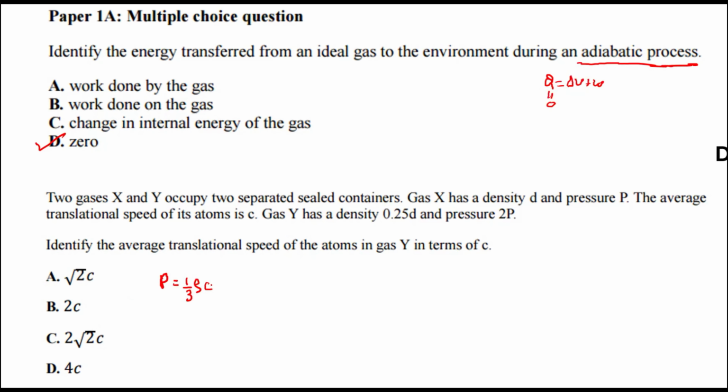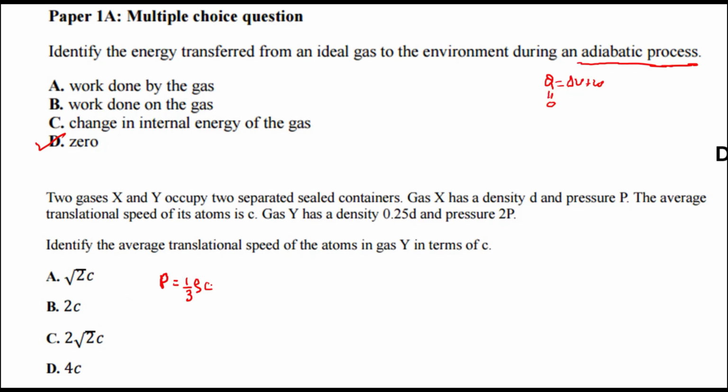The pressure of the gas X is P, the other is 2P. Identify the average translational speed. So if I make C as the subject, the equation is nothing but square root of 3P by density.